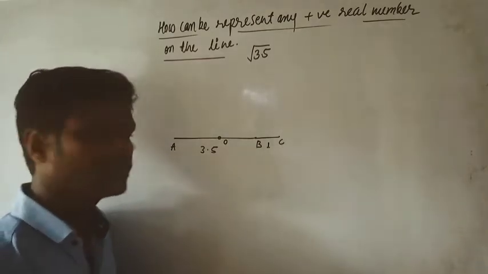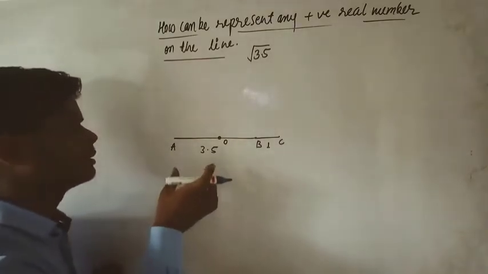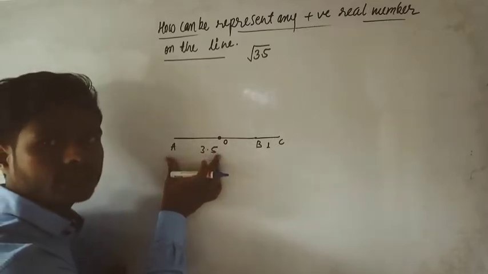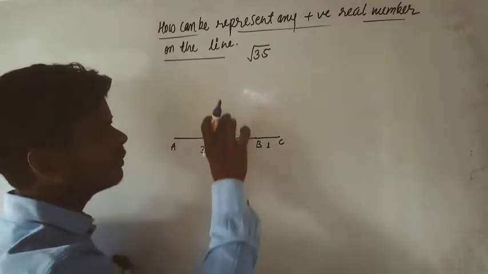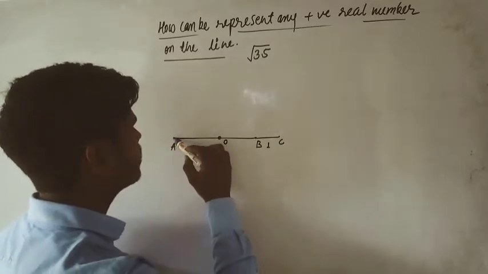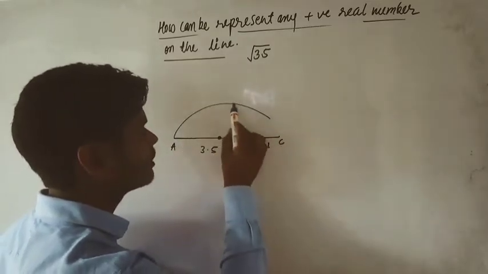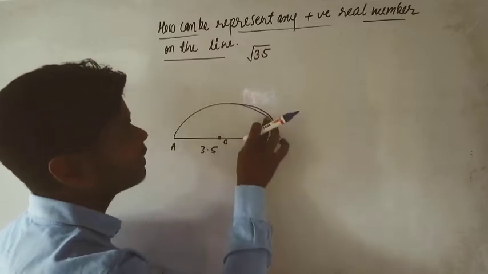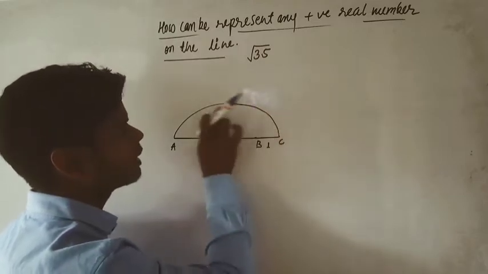Now we have to take OA as a radius and O as a center. We have to draw a semicircle on this line segment.